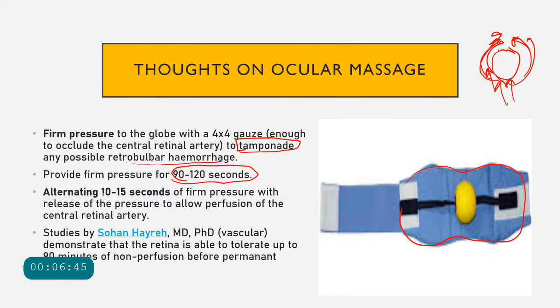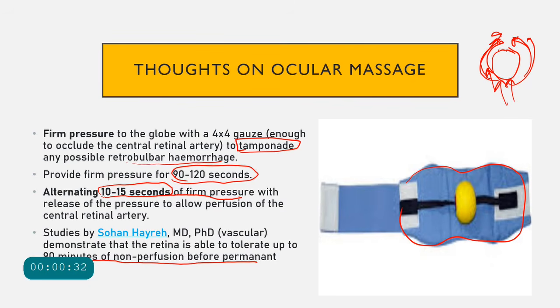However, some people say that we should give alternating firm pressure, that means about 10 to 15 seconds of pressure and 10 to 15 seconds of release, so that you allow the perfusion of the central retinal artery. However, studies by Sohan Singh Harry have actually shown that the retina can tolerate up to 90 minutes of non-perfusion before permanent damage is encountered in the retina.